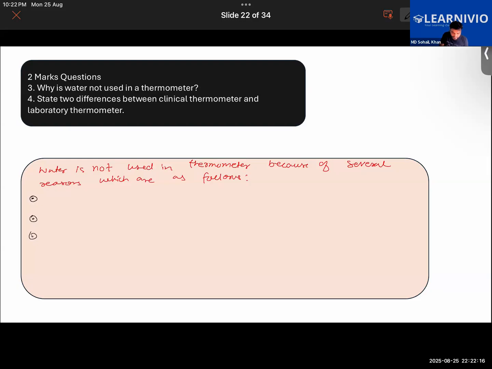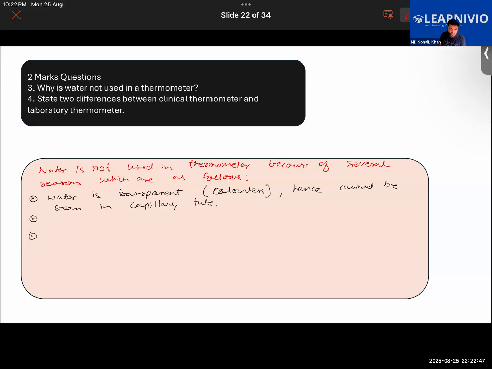So we should write down that water is transparent, simply colorless, and it is thus hard to see, hence it cannot be seen clearly in the capillary tube.